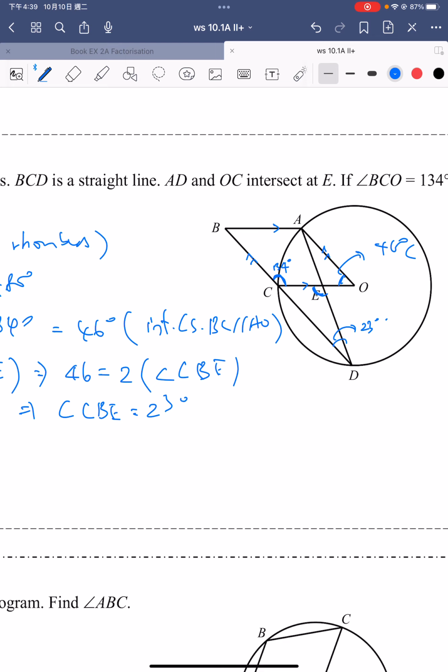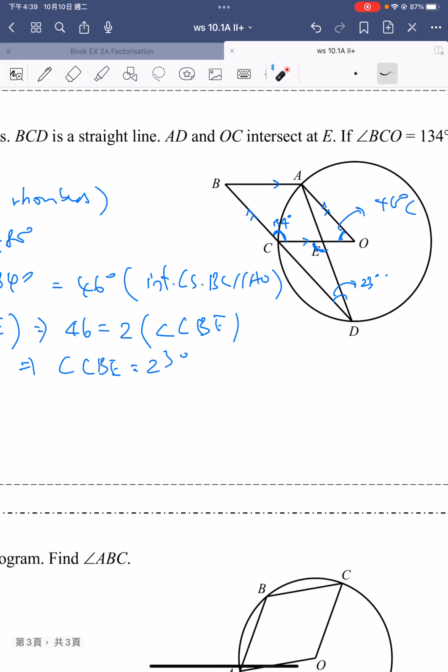So what's the actual value that we need to find out? Actually, we want to find out this CED. So CED, how can we find out? If you want to find out CED, and you add this angle CDE, it is actually equal to our external angle 134. Because if you turn around your iPad, you can see that this is our top angle, this is our adjacent angle, and this is our hypotenuse angle.